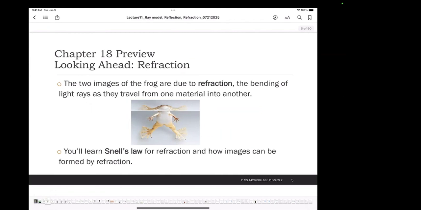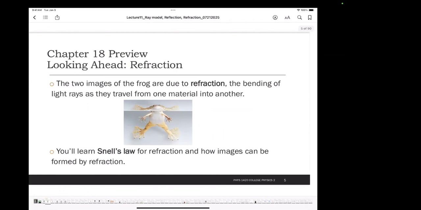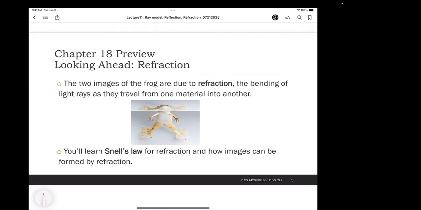Then we will learn something about refraction. I think this image is an interesting, funny one. The two images of the frog you can see are due to refraction, the bending of light rays as they travel from one material into another.